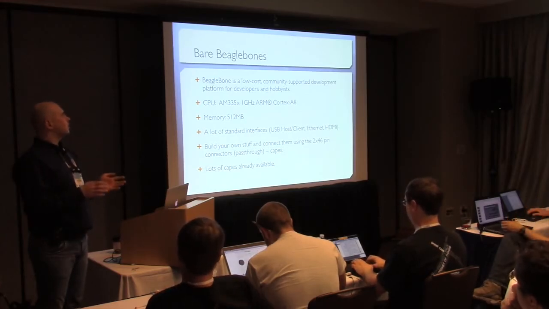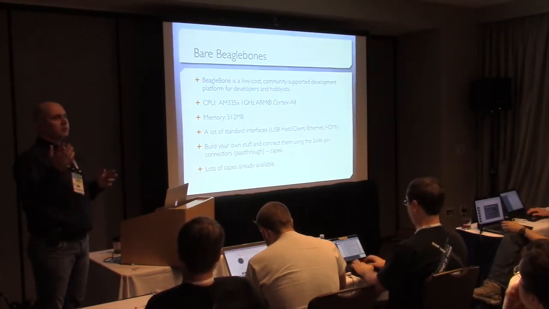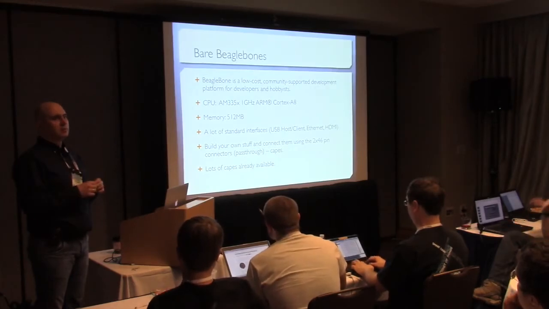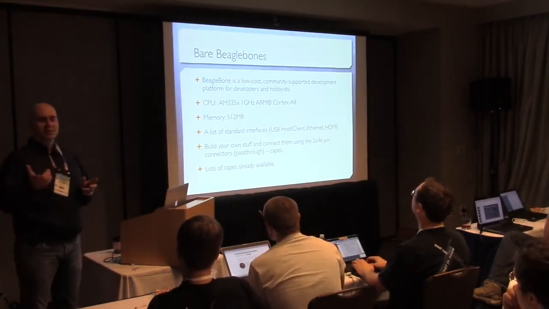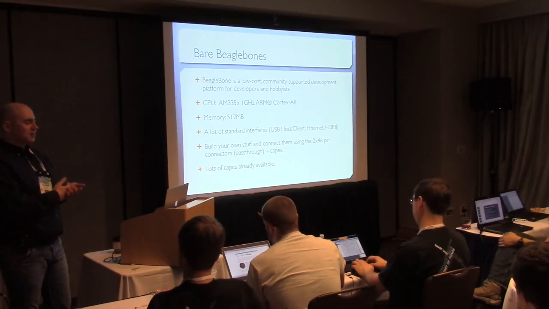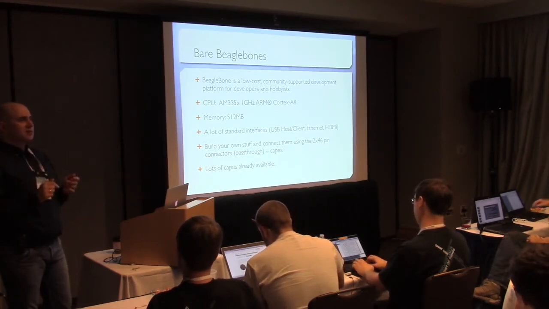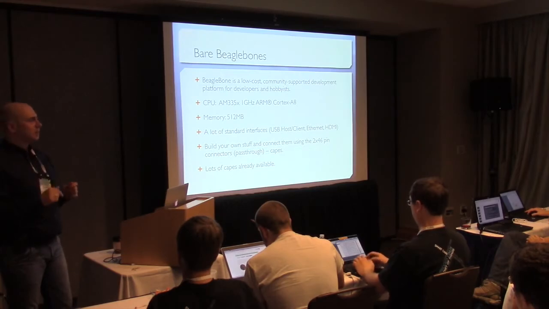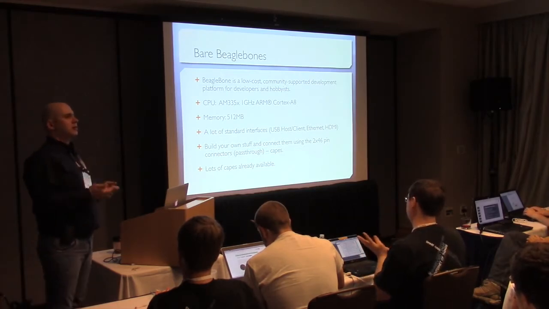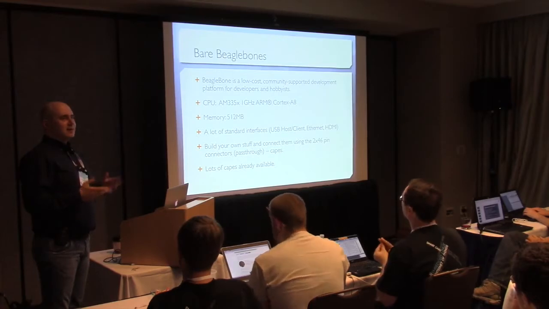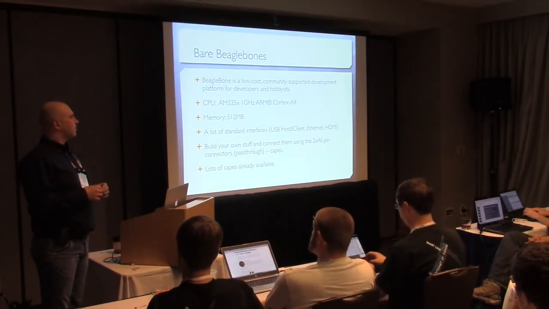So all this started on the BeagleBone. I don't know how many of you have a BeagleBone here. There was another guy in a session yesterday, and he asked about people that have Arduinos. And at this conference, more people have BeagleBones than Arduinos. I think it's a Linux conference, so it makes sense.